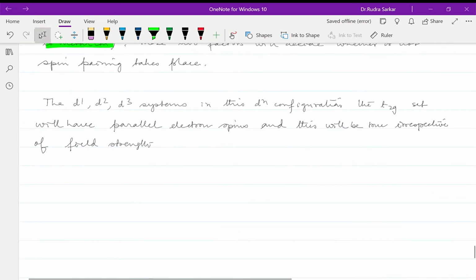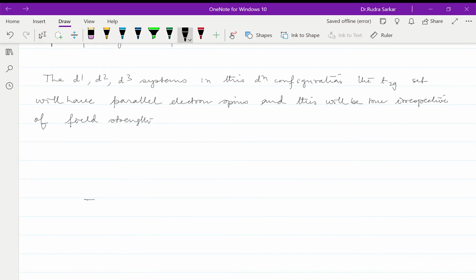So whether it is a strong field ligand or a weak field ligand, arrangements for D1, D2 and D3 will be as I am showing.